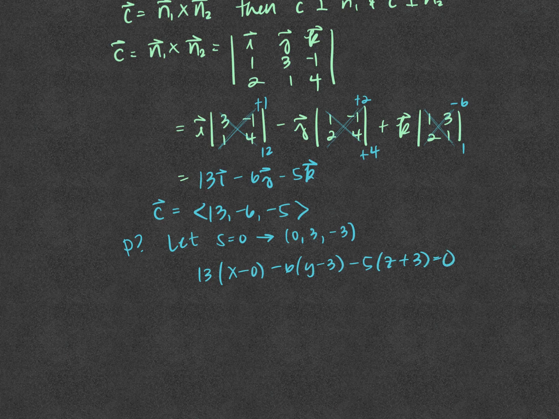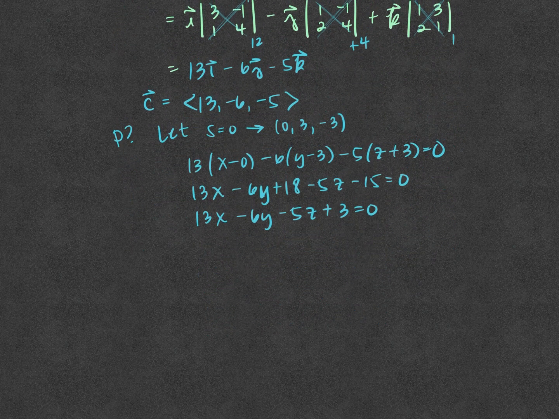So that's going to give me my equation, 13x minus 0 minus 6y plus 18 minus 5z minus 15 equals 0. So we have 13x minus 6y minus 5z plus 3 equals 0. Now remember in my distance formula, I do need that d, so I'm going to keep that value.